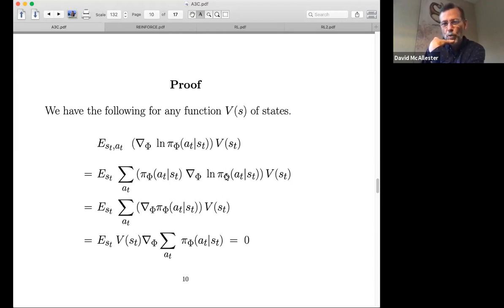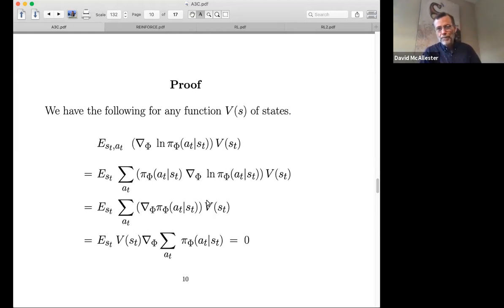This gradient is 1 over the policy times the gradient of the policy. That 1 over the policy cancels this. Apologies for not following the slide. Take the gradient of this, that becomes 1 over the policy probability times the gradient of the policy probability. That cancels and we get this expression.